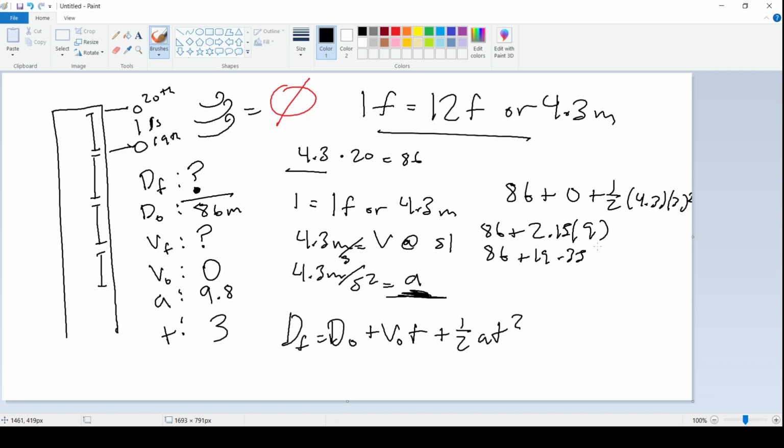What is that, you might ask? Well, that's 105.35 meters. So let's divide that now by 4.3. Okay, what do we have? We have 24.5 meters.